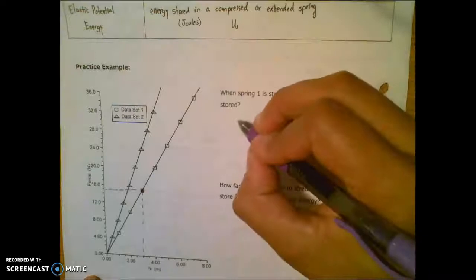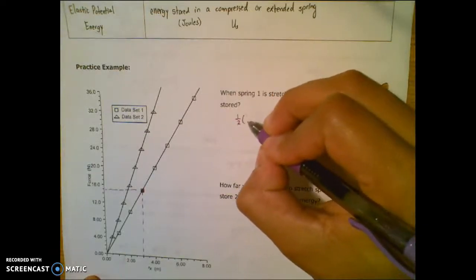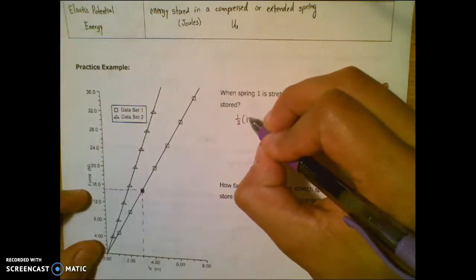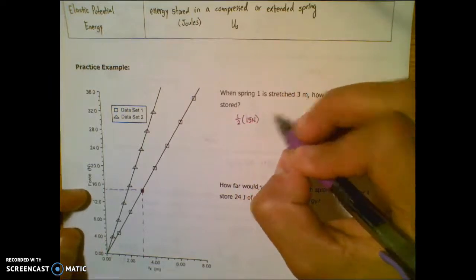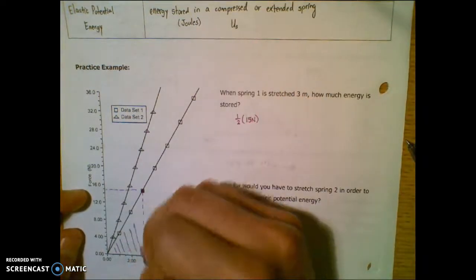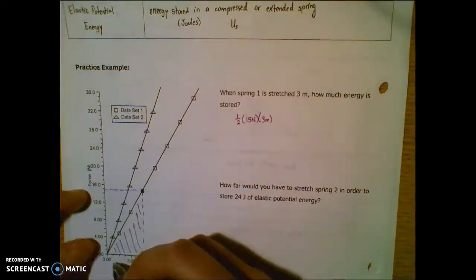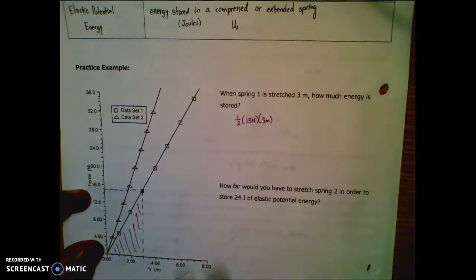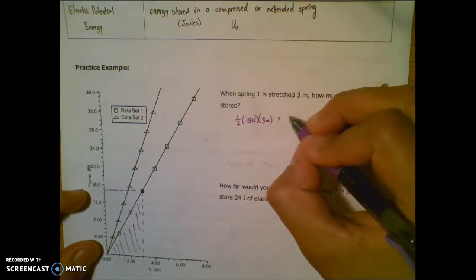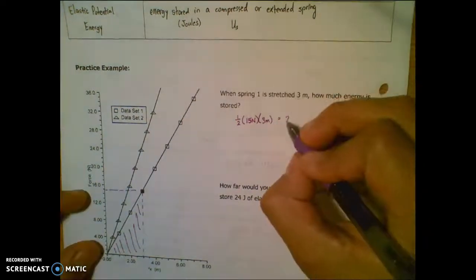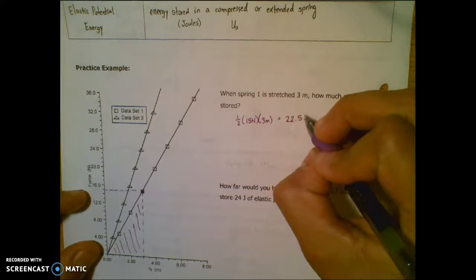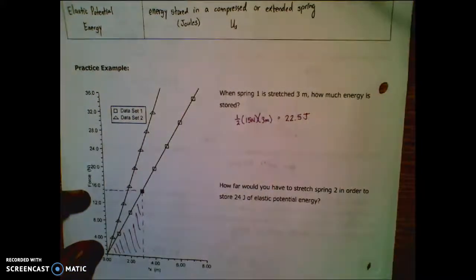So I get 1/2 times 15, which is my height, times 3, which is my run, or my base, and I get 22.5 joules. Great.